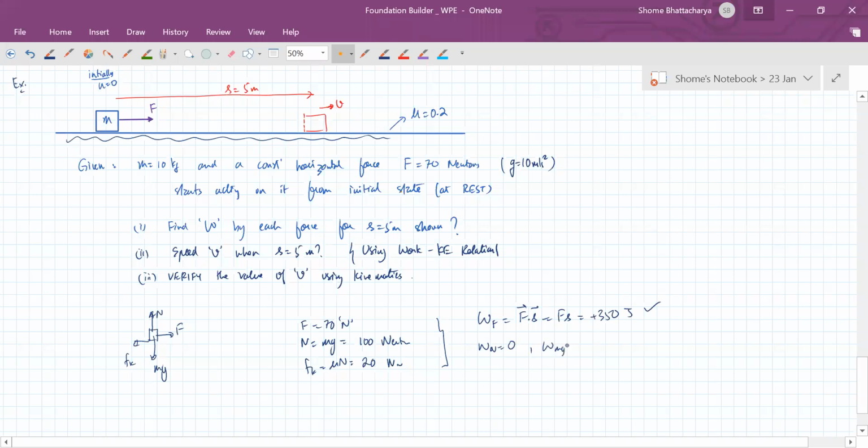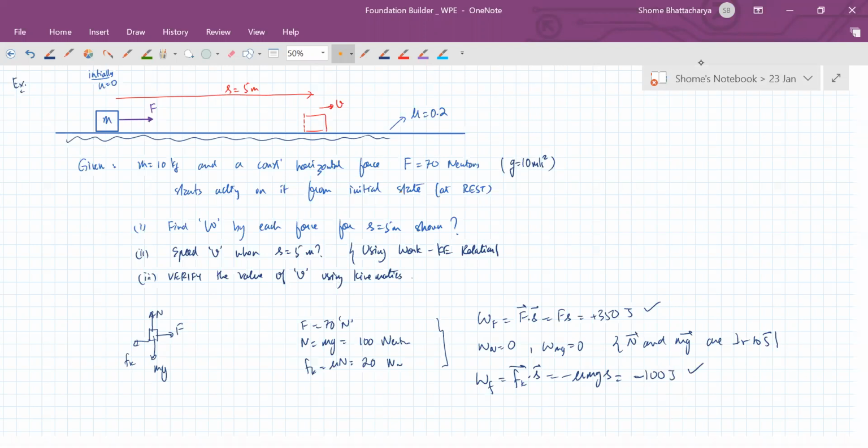Work done by mg will be zero, because normal reaction and mg, they are both perpendicular to the displacement. Okay. And work done by friction, which will be this dot product, will be minus mu mg into s, because the friction's magnitude here is mu mg. Okay. So that is minus 20 into 5. So that's minus 100 joules. That's correct. Okay. So that is the first part.